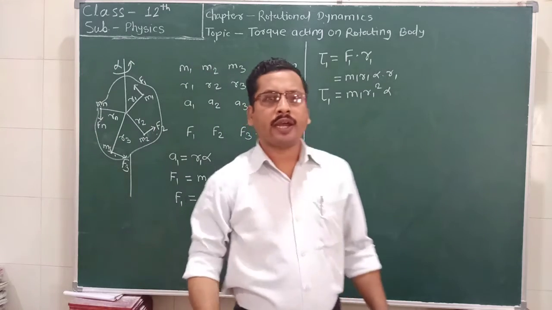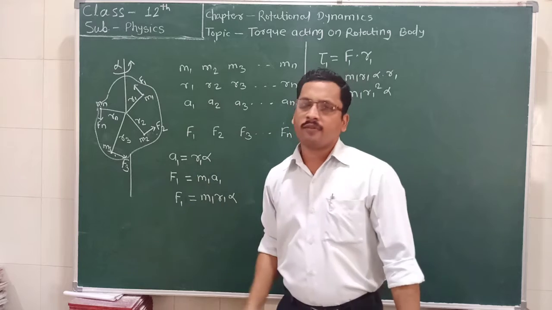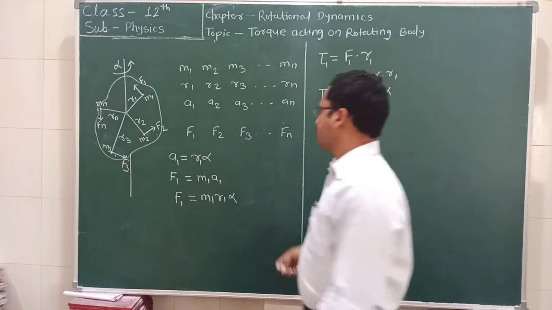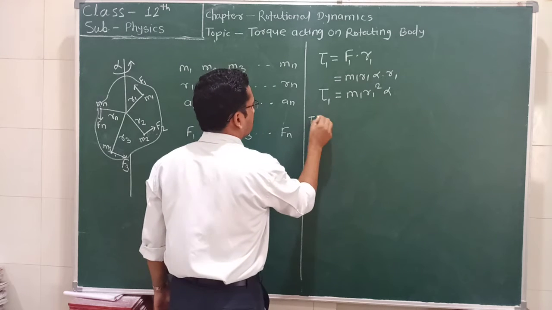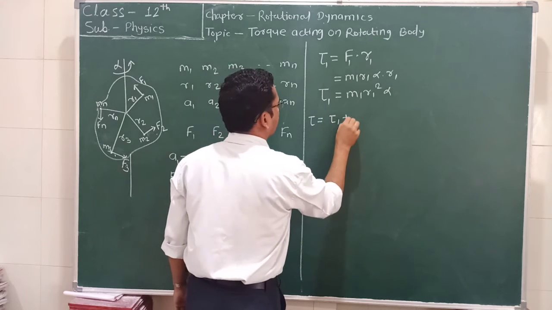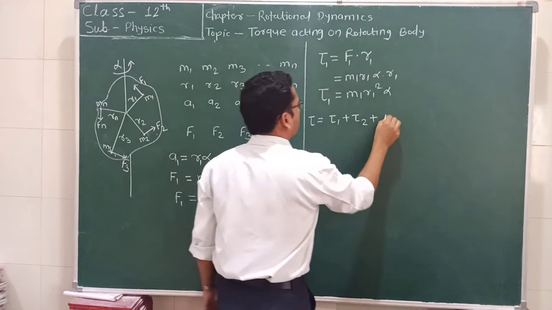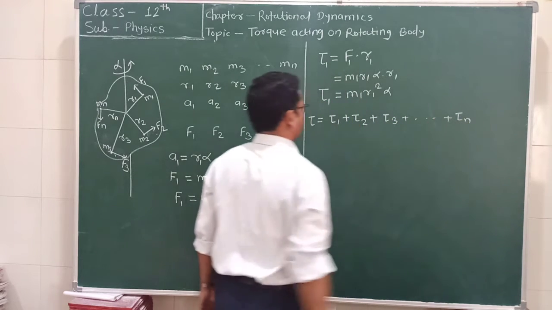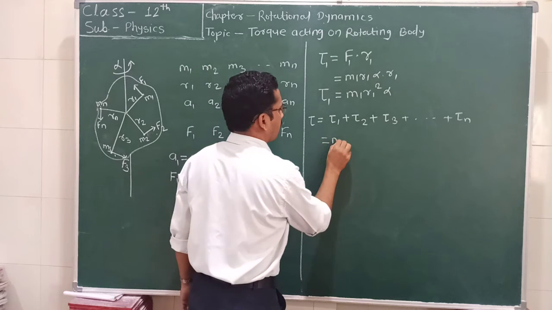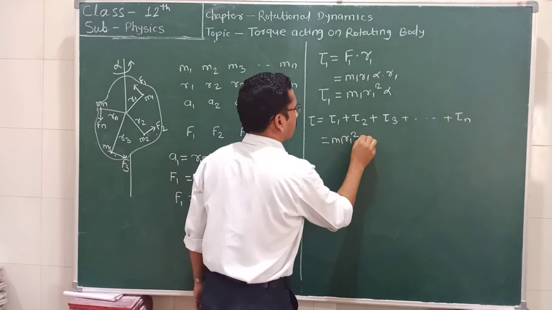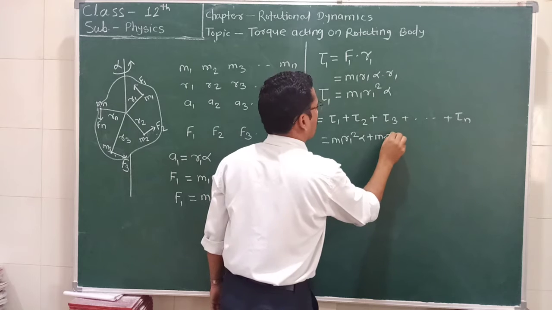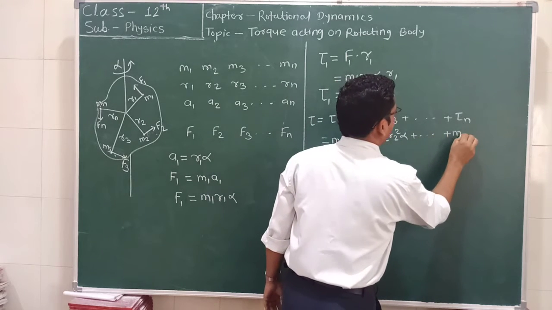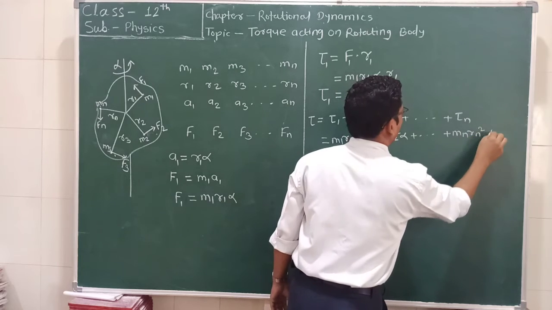Now, if we have to calculate the torque acting on the whole body, then we add the torque acting on each individual particle. Therefore, we can write torque is equal to torque 1 plus 2 plus 3 plus the last particle's torque n. Here it is m1 r1 square alpha plus m2 r2 square alpha plus mn rn square alpha.